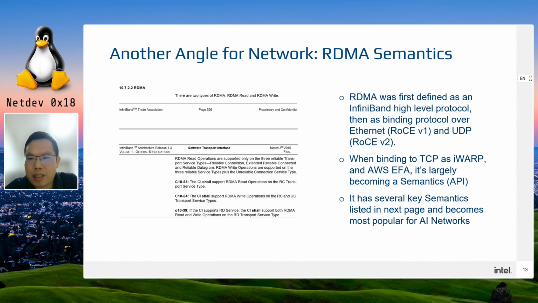And when it comes to the AI network, RDMA has several very good semantics that we will discuss on the next page, which make RDMA the most popular, if not the only one, for high-performance AI networks.